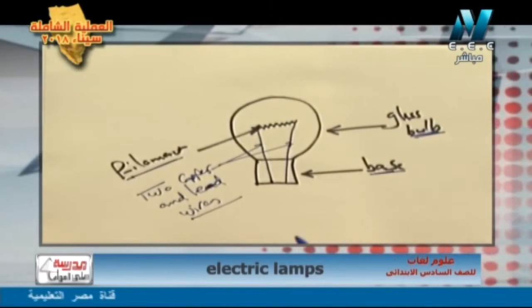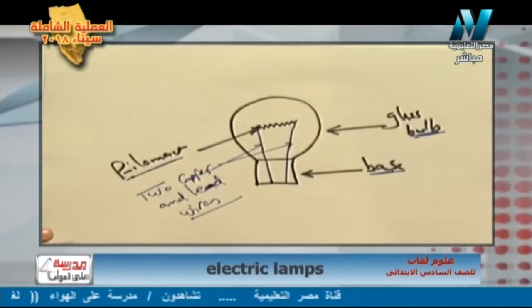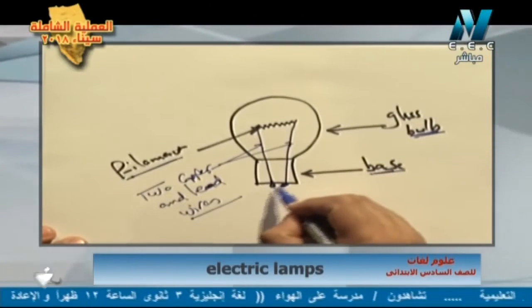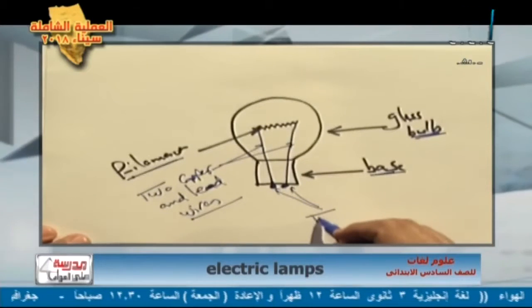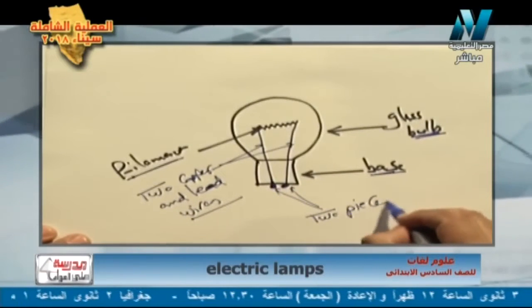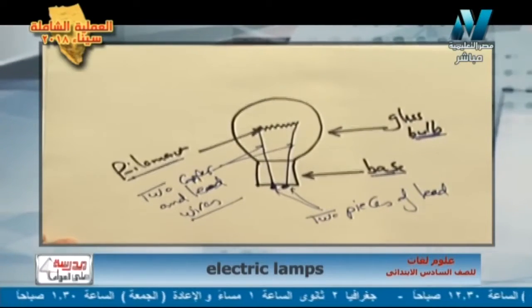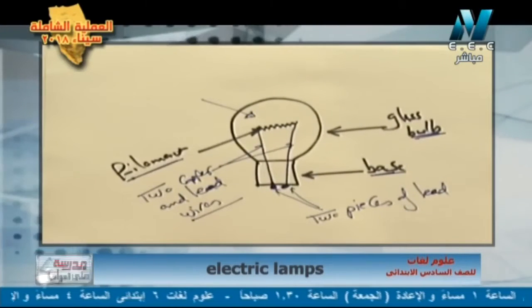And also I have another important structure in the light bulb, which is the 2 pieces of lead. يعني قطعتين من الرصاص to connect electricity. And also, what about the gas inside the lamp? هل جوه اللمبة هنا هيكون في air هواء عادي خالص أو oxygen?